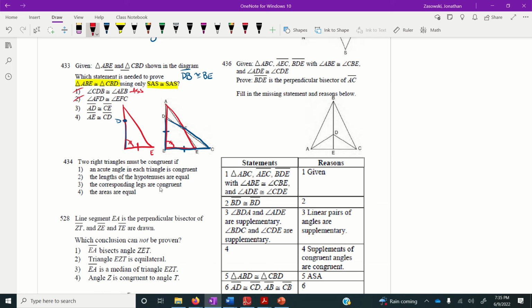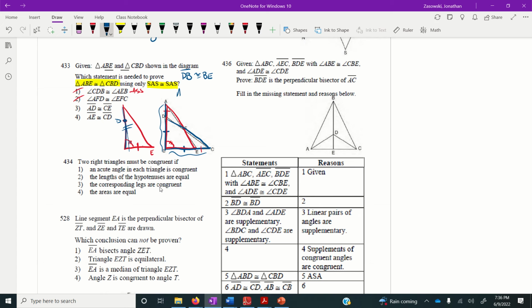What about AD and CE? And this is kind of interesting. If AD was equal to CE, that actually would be enough. Because remember, we already know that this piece is equal. And if we add this piece on, we end up getting the whole segment equal and this whole segment equal. Well, the whole segment, right, would give us side, angle, side.